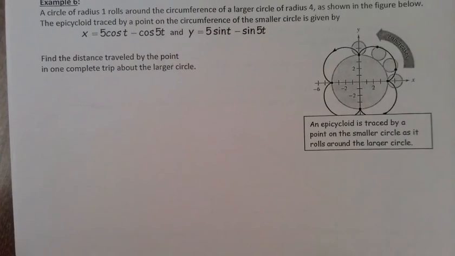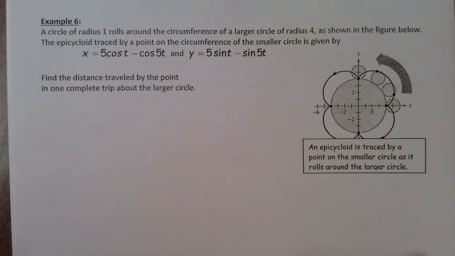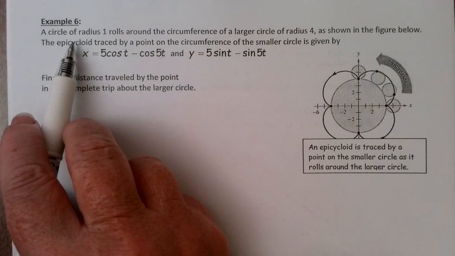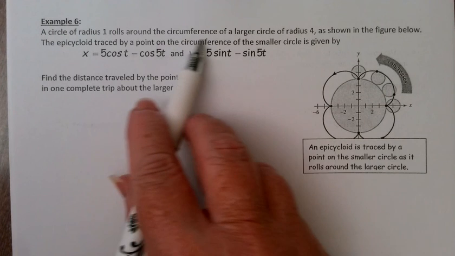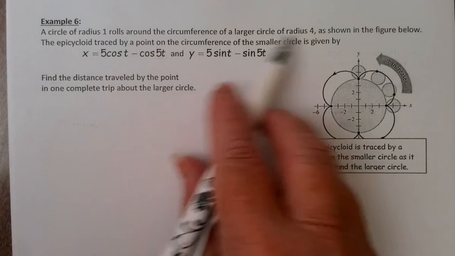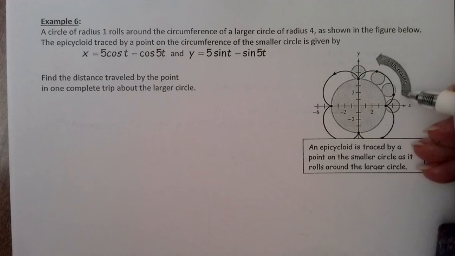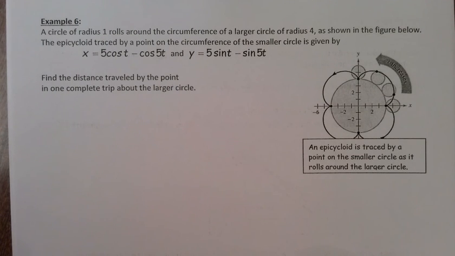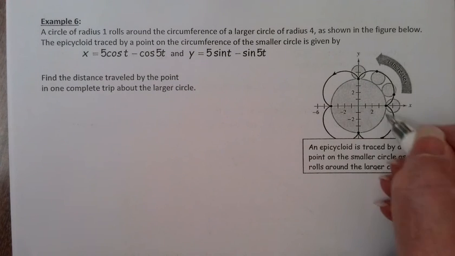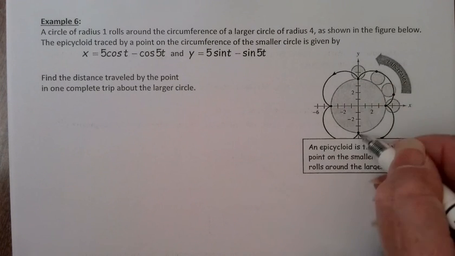All right. One more arc length problem. This is a special kind of curve called an epicycloid. Here's how it's formed. If we take a circle of radius 1 and we roll it around the circumference of a larger circle of radius 4, kind of like the diagram shows here, then a point on the smaller circle will trace out this path called the epicycloid.